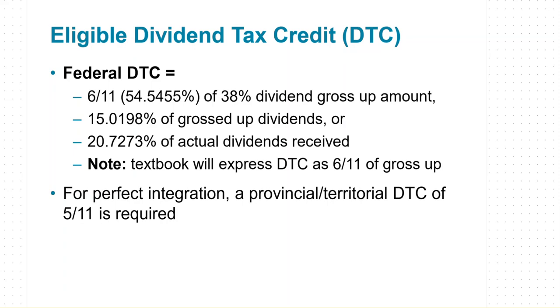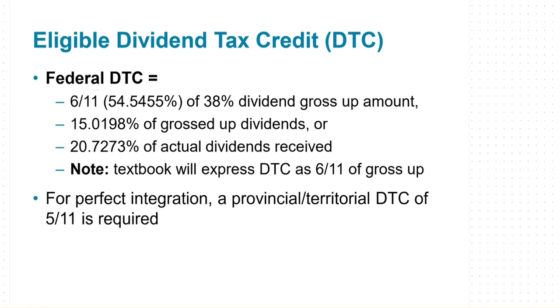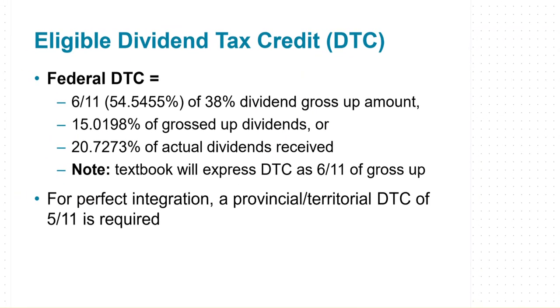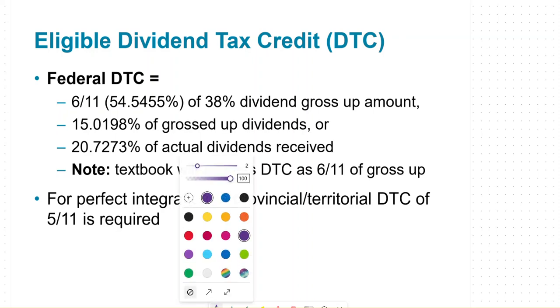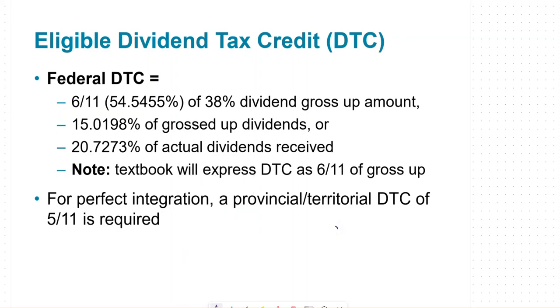So going further, when you do your eligible dividend tax credit, eligible is from public corporations. You get a federal dividend tax credit of 6/11 of the 38% gross up of the dividend. So it applies to the gross up amount.